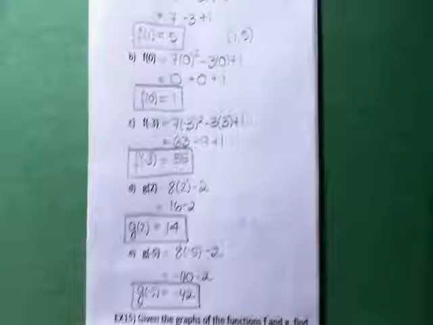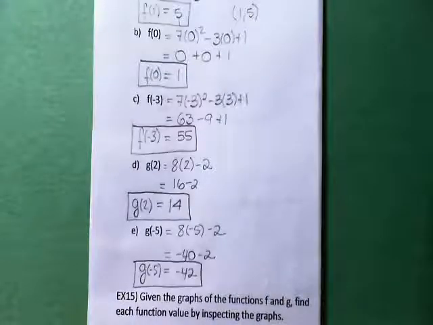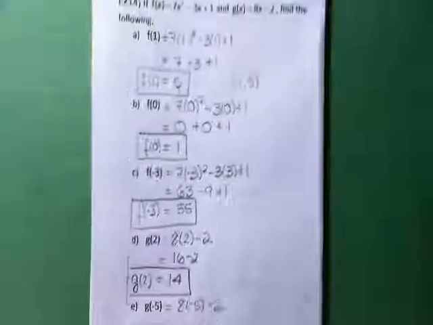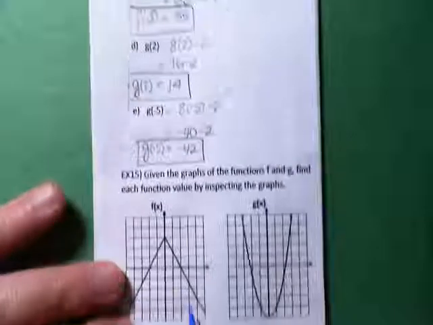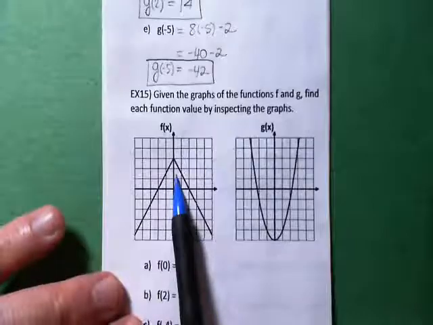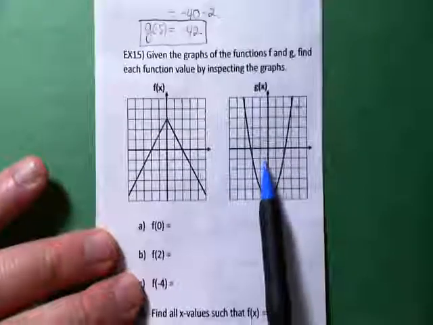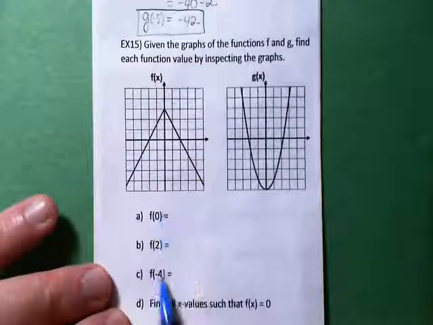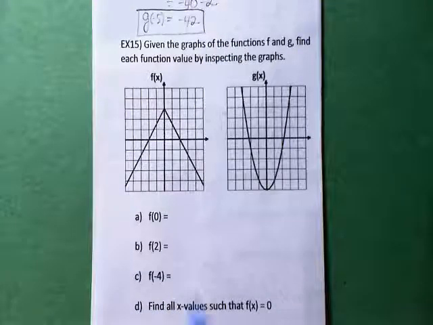Now we're going to do the next problem, which is still dealing with function notation, but instead of having an equation, we're going to have graphs. So here I have two graphs. One is the function f, and here is the function g. And I'm asked to find the value of f of 0.